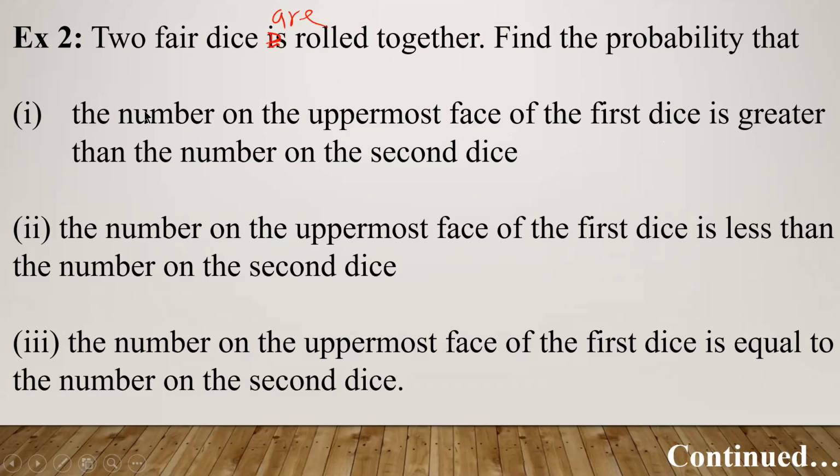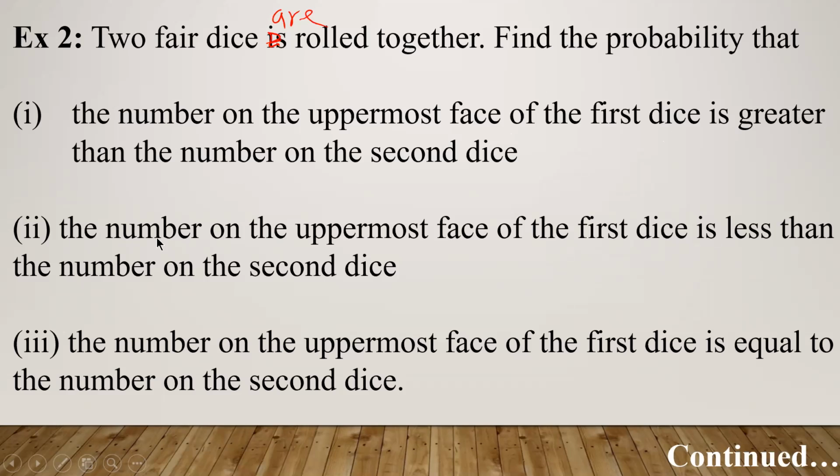What is your event here? If you threw two dice, the number which is appearing on the first dice, that should be bigger, greater than the number which is appearing on the second dice. This is your first event.